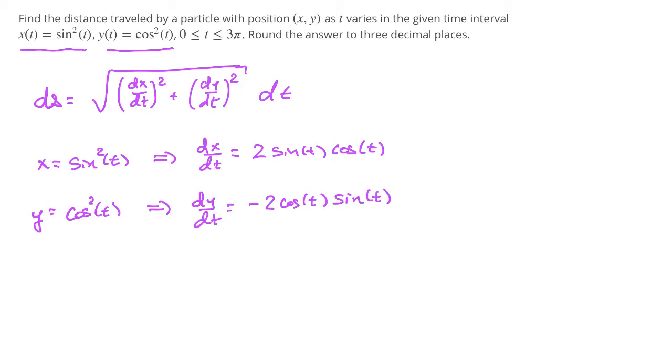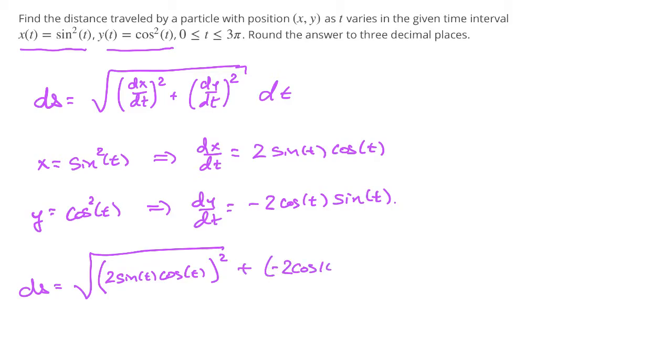So plugging this into our differential form, what we find then is that ds is going to be the square root of (2 sine of t cosine of t) squared plus (negative 2 cosine t sine of t) squared, and then outside dt.